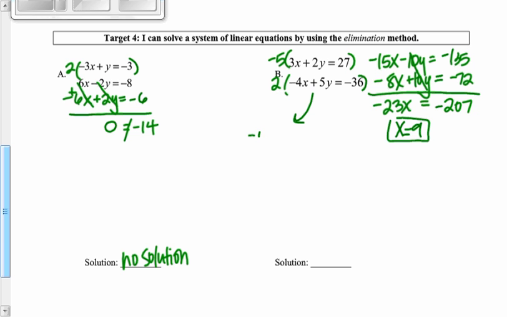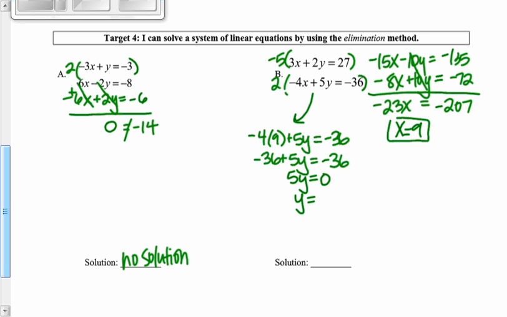So negative 4 times 9 plus 5y equals negative 36. So that is negative 36, and if I add the 36 over, I get 5y equals 0. So y equals 0. My solution here is (9, 0).